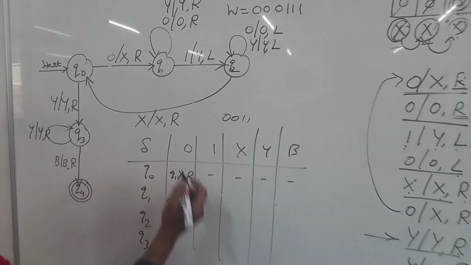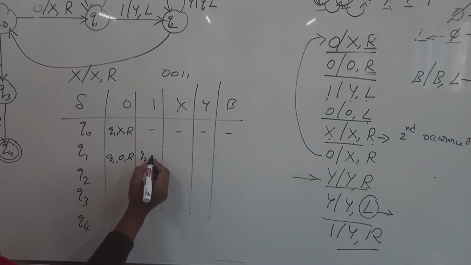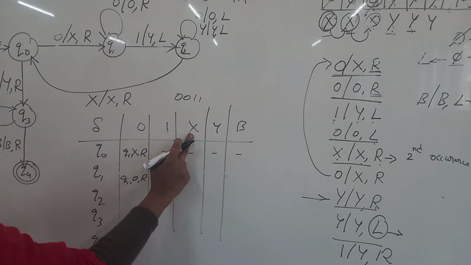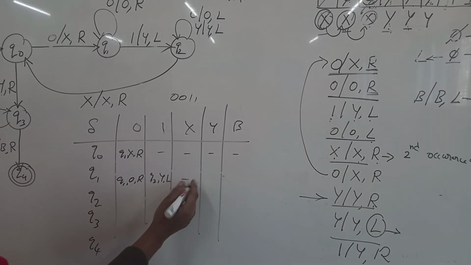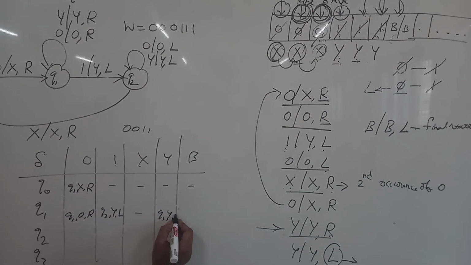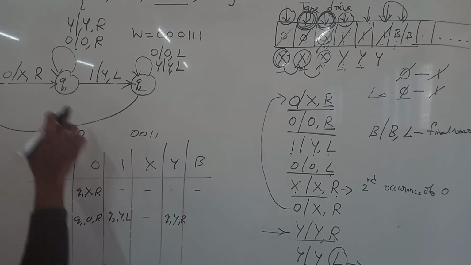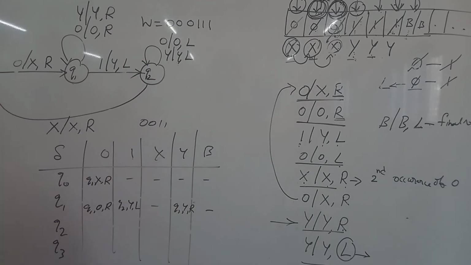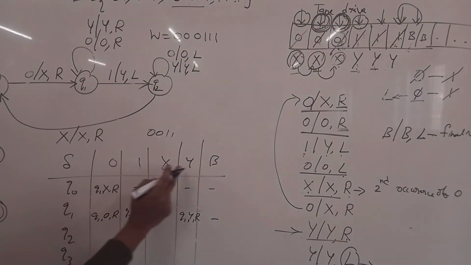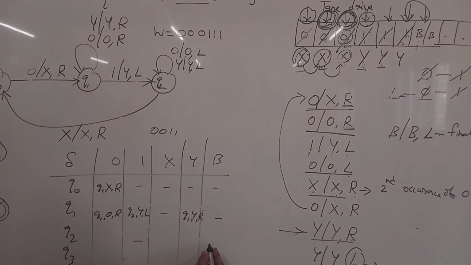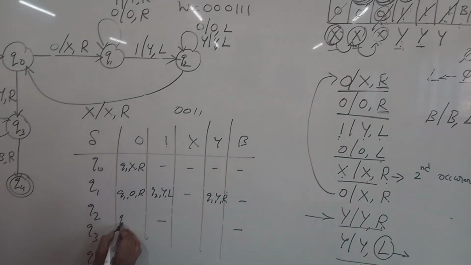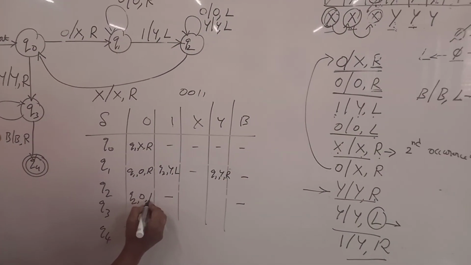For the blank space in Q1, there is no transition. In Q2, for 0, y, x: there is no transition for 1 and none for blank. For 0 in Q2, we remain in the same state Q2, retain 0, and move to the left direction.